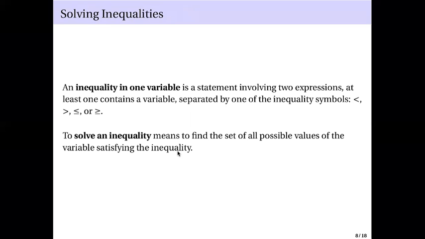Could be one solution, it could be no solution, just like what you've seen before. But for an inequality, we have possibly infinitely many solutions, and possibly no solution. So to solve an inequality, we need to find all possible values satisfying the inequality.